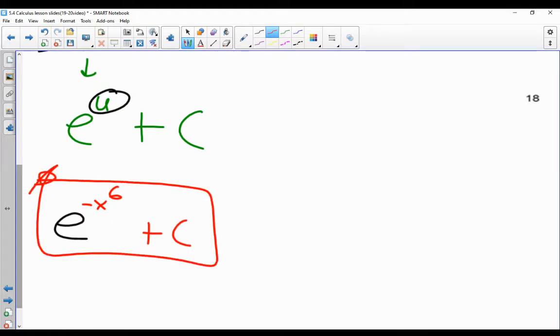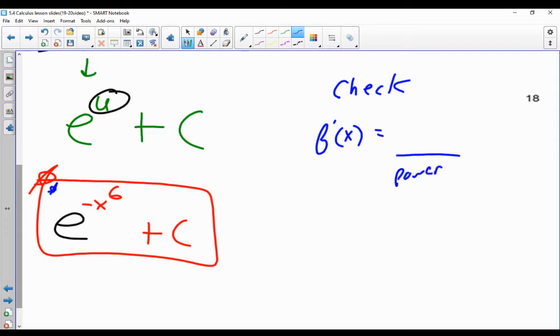So there's your antiderivative. And just so you know, if you're ever in doubt whether you're doing the antiderivative correctly, you can always check. In other words, take your answer and find its derivative. So derive the power, where the power is negative x to the 6, which gives negative 6x to the 5th, and then multiply by the original.